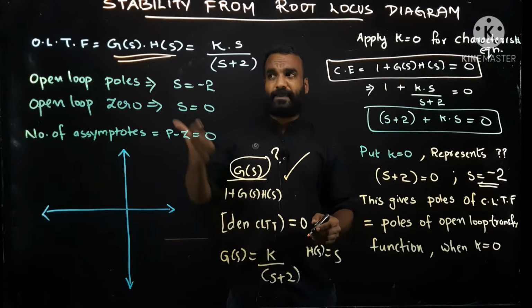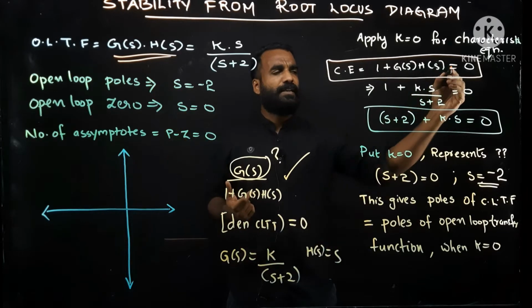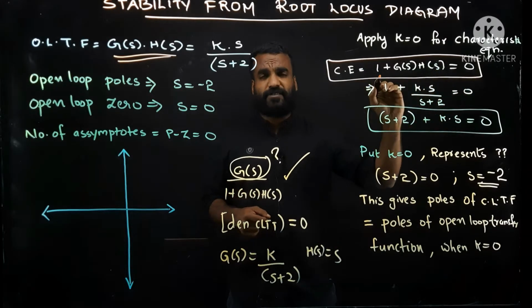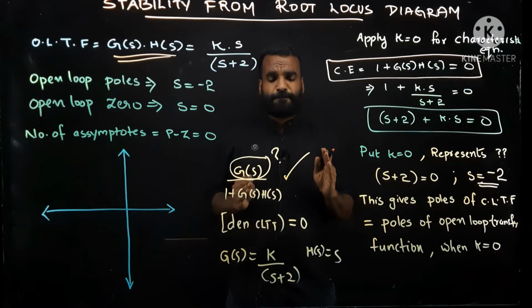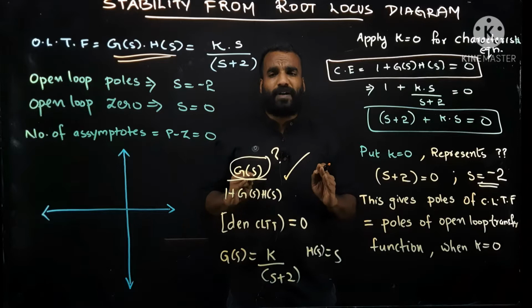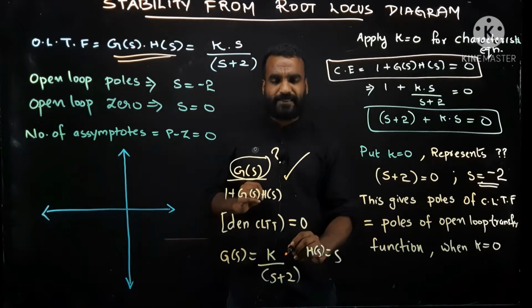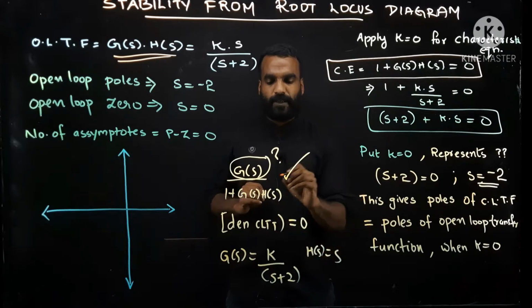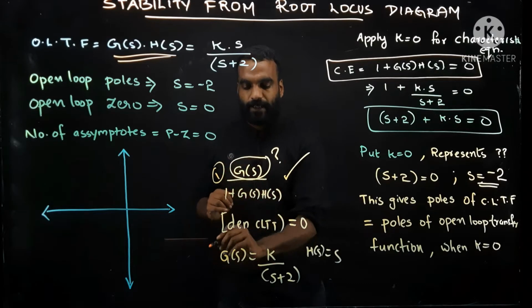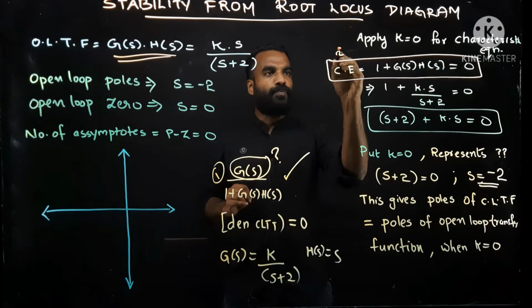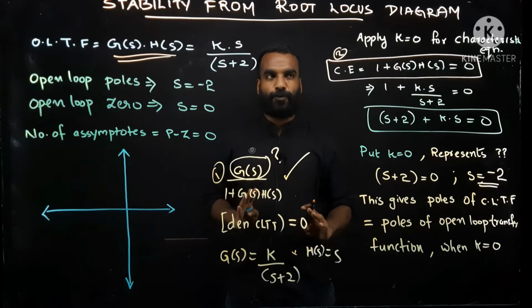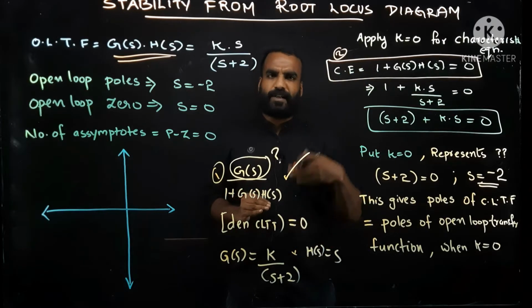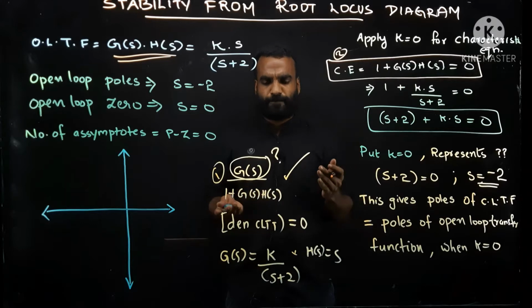Otherwise, if the split up is not given, the easy way is that the characteristic equation is 1 plus G(s)H(s) equal to 0. So please analyze using both methods, method 1 and method 2, because I am giving the split up here, and check whether the answers are right or not.